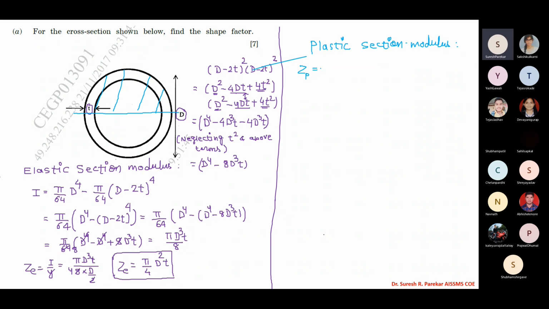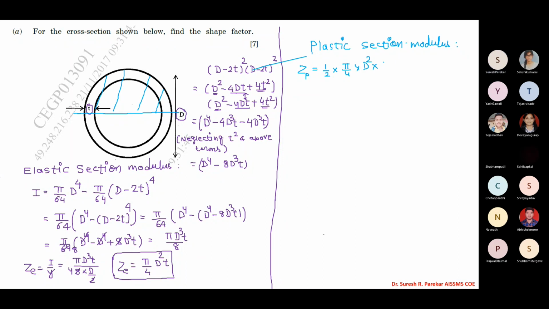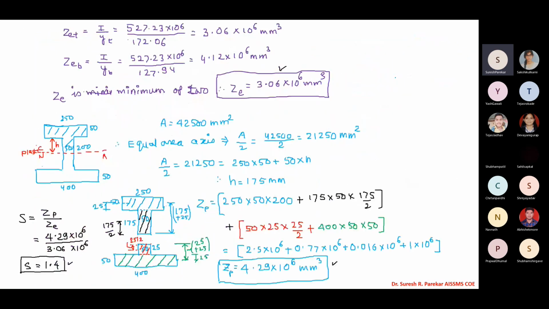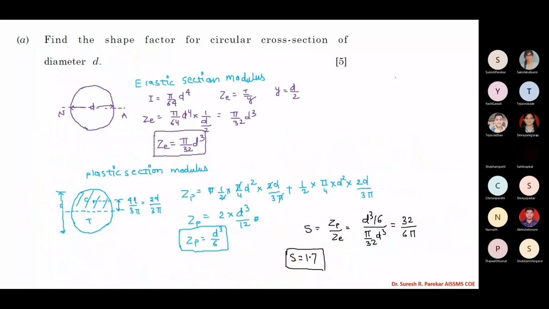So we have 1/2 into pi by 4 into d square into 2d upon 3 pi. We have seen this last time. So if we go to this circular section, then we can have this as 2d upon 3 pi.